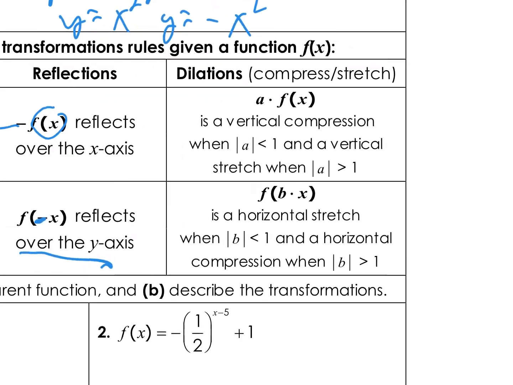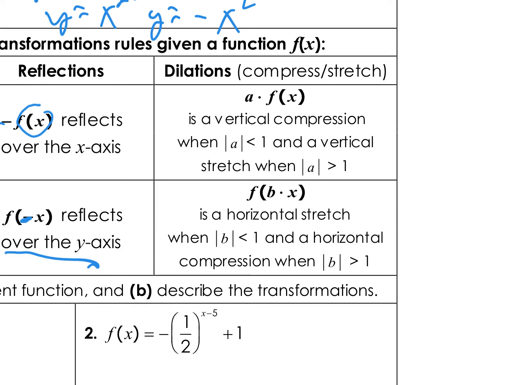What else can we talk about? Here's my a that we didn't have earlier in the other lesson. If a is a number whose absolute value is less than 1, we call that a vertical compression.